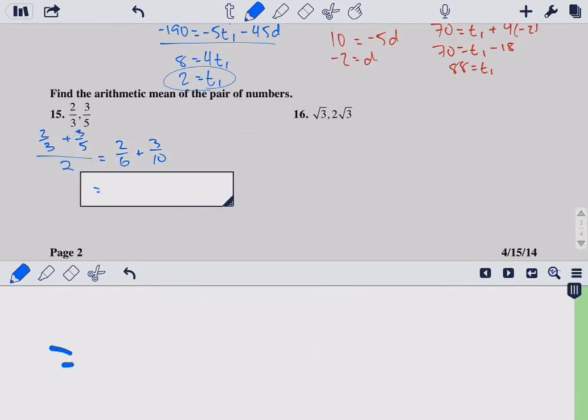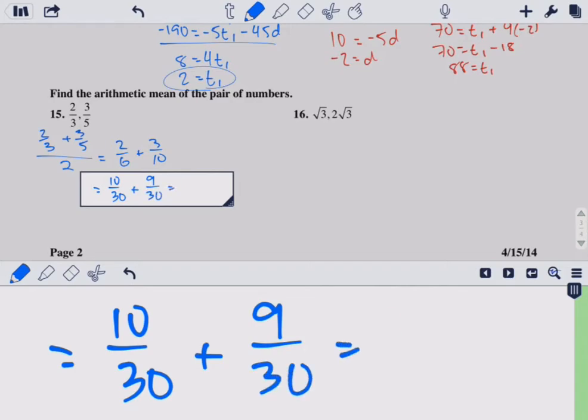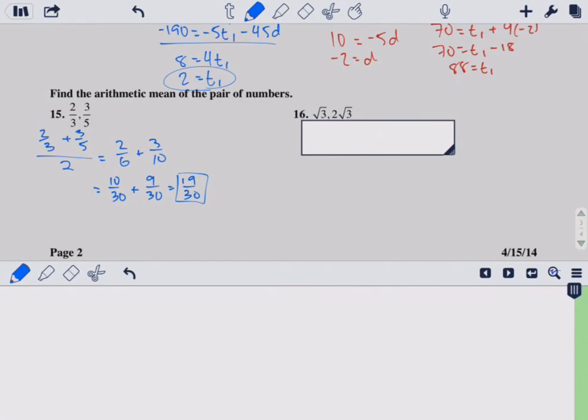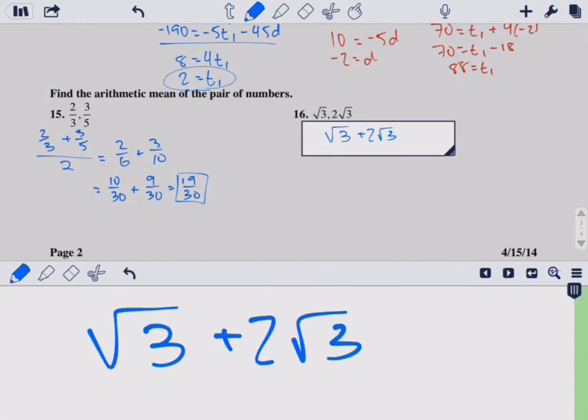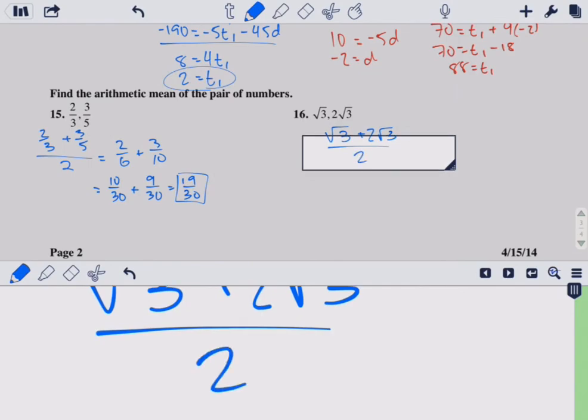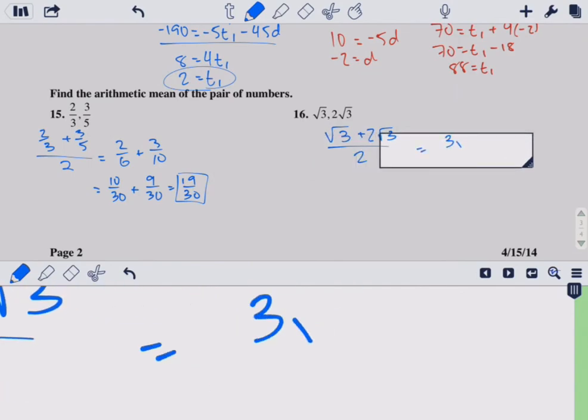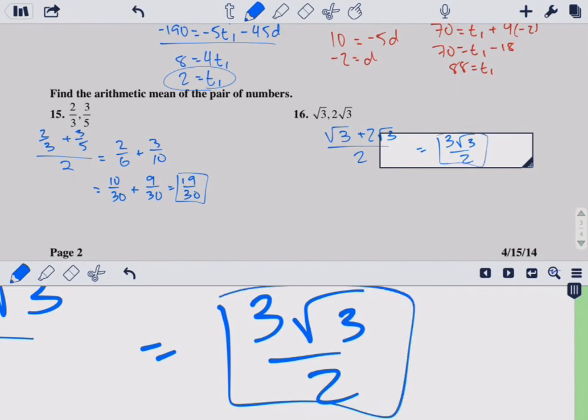You can do that on the calculator if you want, or you can do common denominator of 10/30 plus 9/30 or 19/30. That's one way. Okay, well, there's other ways to do it. Again, arithmetic mean, we add them together, divide by 2. That's equal to 3 root 3 over 2. Okay, so that's it for problems 1 through 16 of the Unit 11 review.